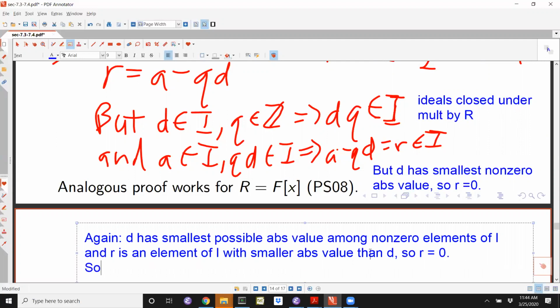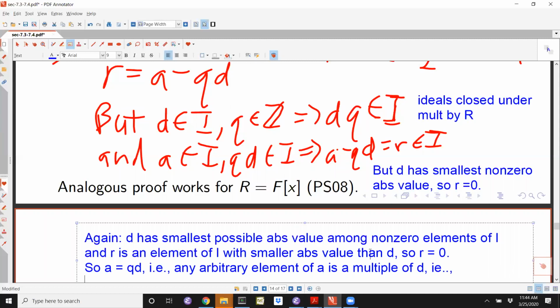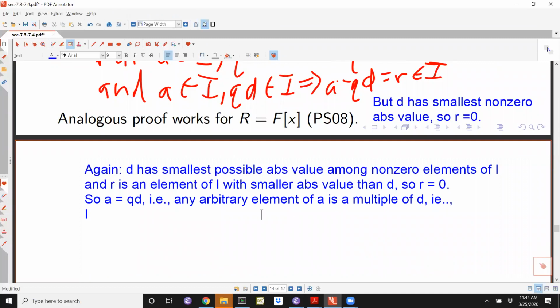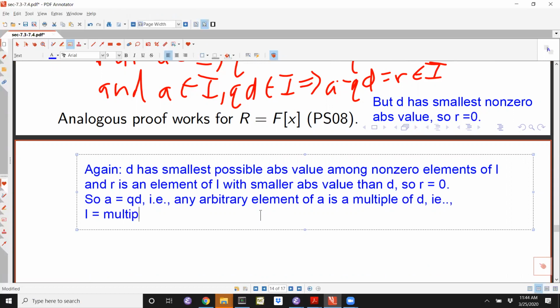So a is equal to qd. In other words, any arbitrary element of I is a multiple of d, i.e. the ideal I is equal to the set of all multiples of d, which is the ideal generated by d. Whew. So we're done. Yay.